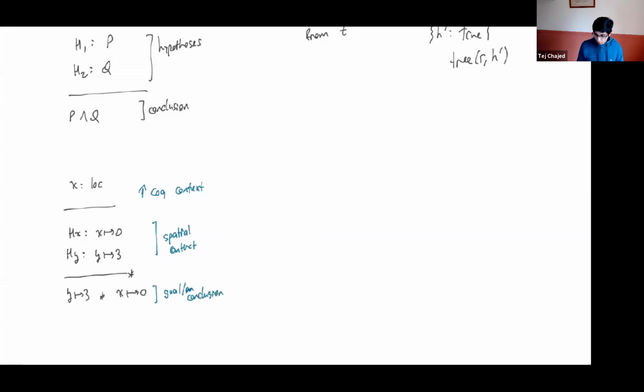Okay, so what is the upshot of this? What you get in Iris is a bunch of tactics to help you manipulate these spatial hypotheses in the same way that you manipulate Coq-level hypotheses.